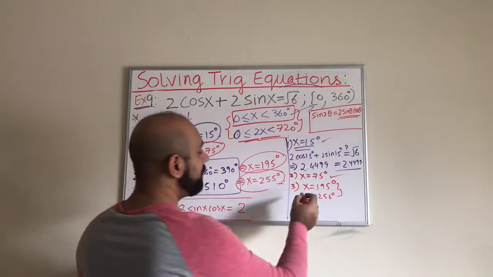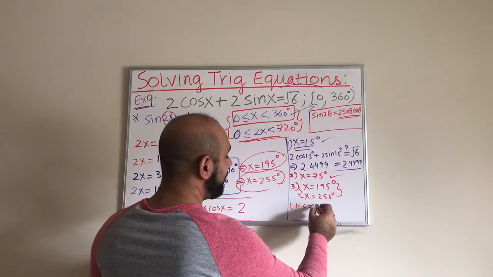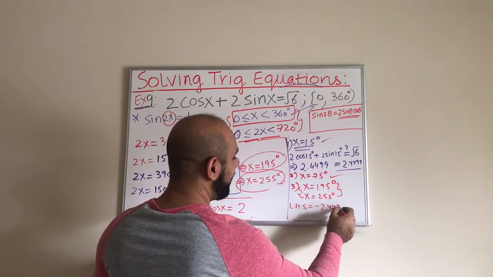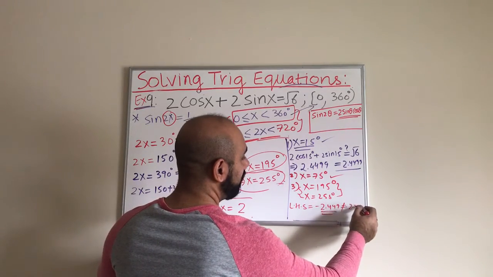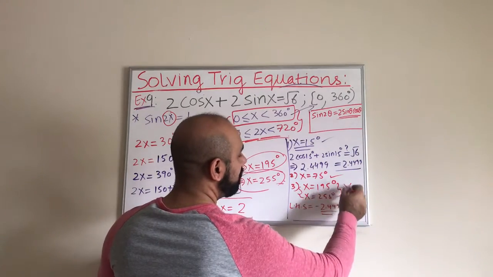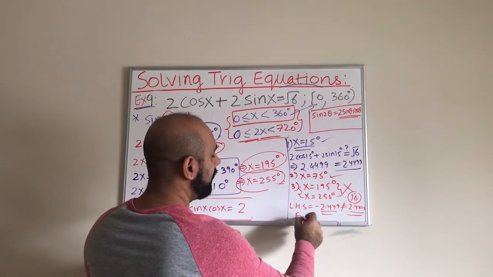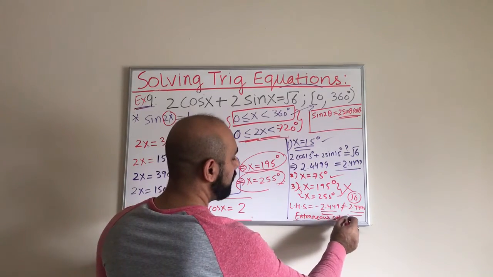Usually what happened with both of these, on the left hand side, guys, we get negative 2.4499, but we already know that that is not equal to positive 2.4499. On the right hand side I have a positive radical 6. So these two were extra solutions, extraneous or extra solutions.